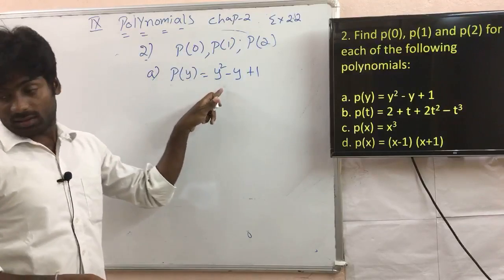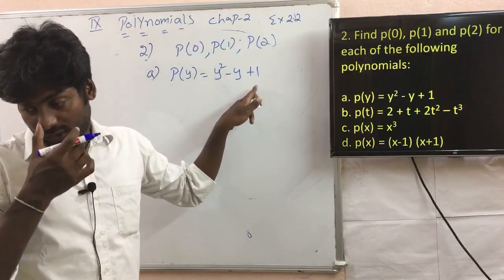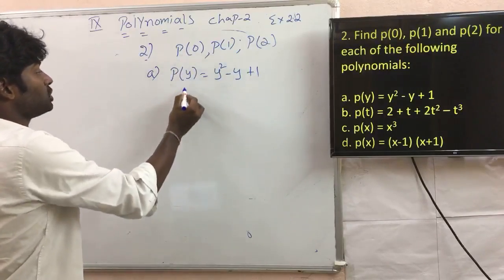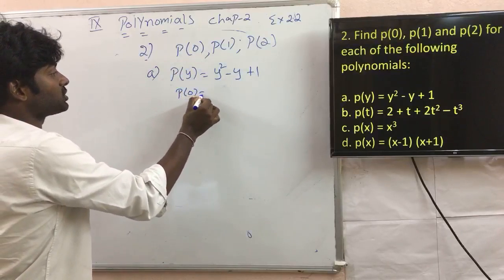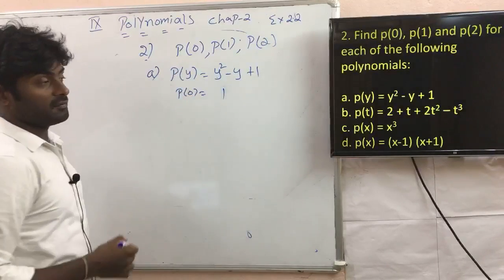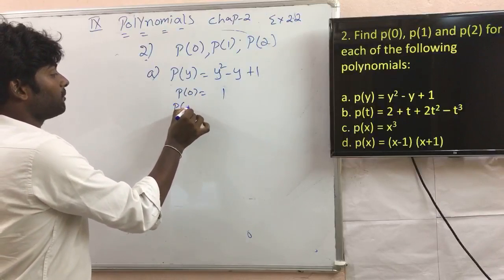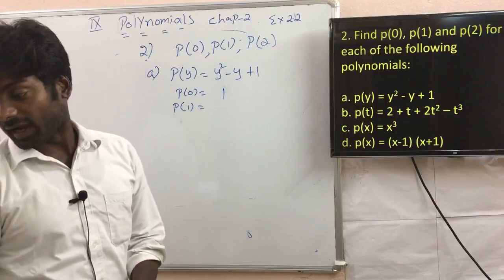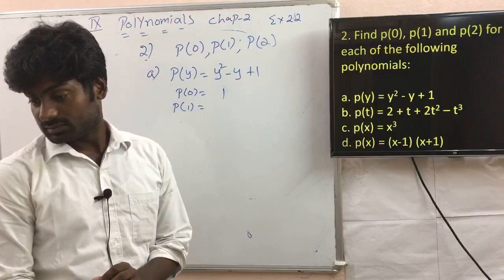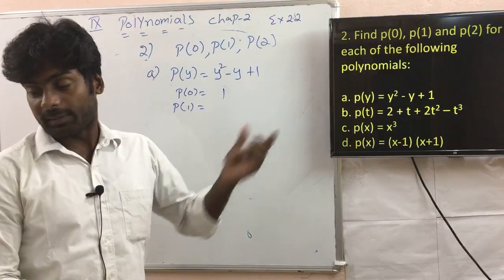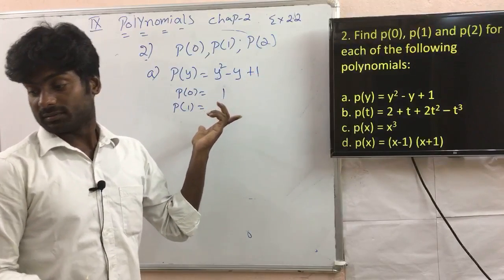Okay, P of 0 is 1, Shivam, it is correct. Go for the next one. See, substitute 0 in the y. P of 0 equals 0, 0, you are left with only 1. Now find P of 1.